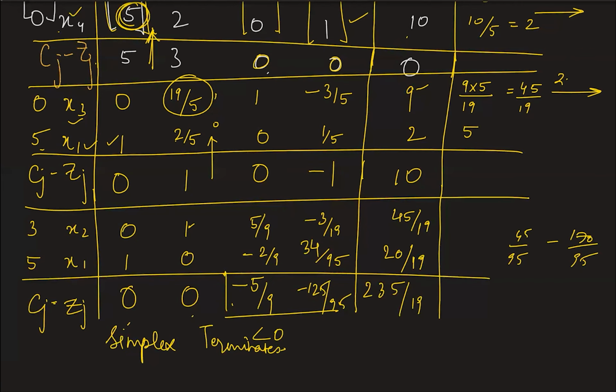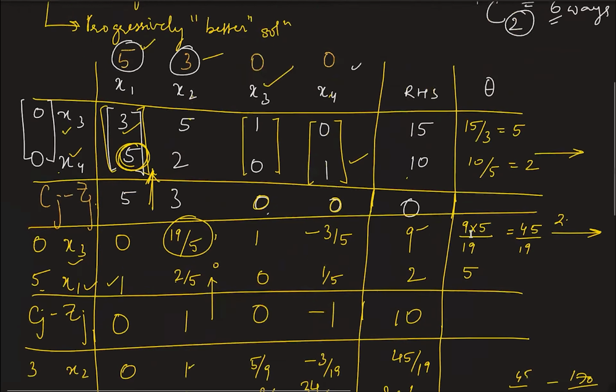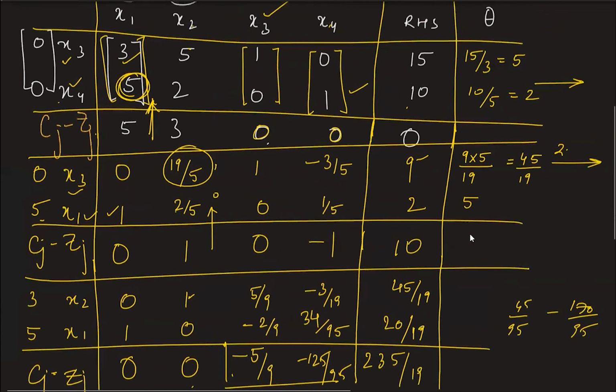Now we can observe a few things from here. If this is the first iteration, this is the value of z. This is again the value of z, right?